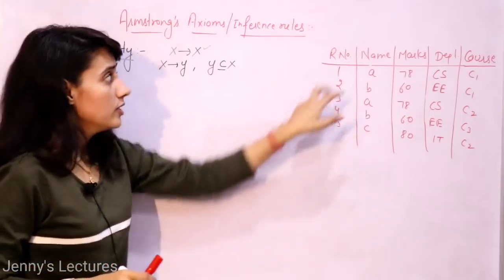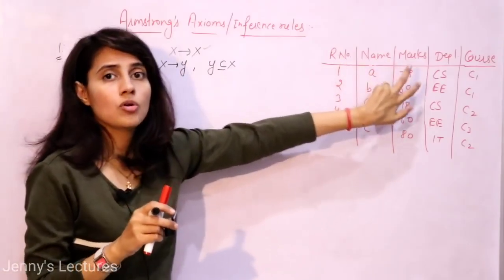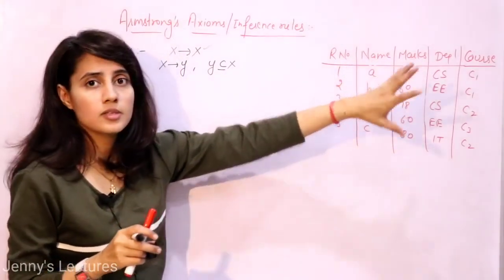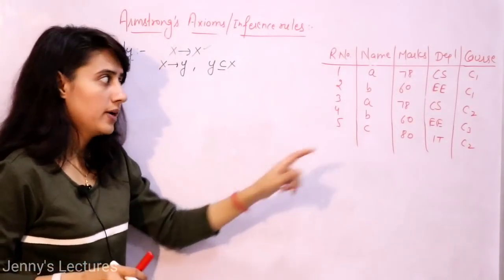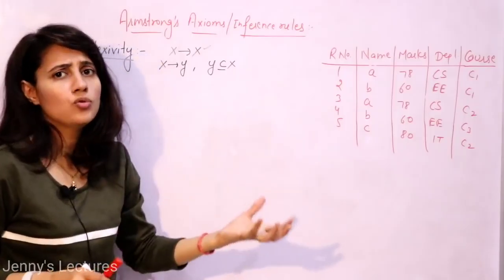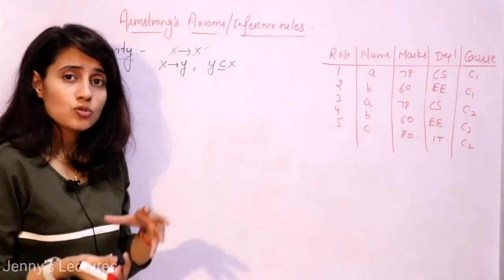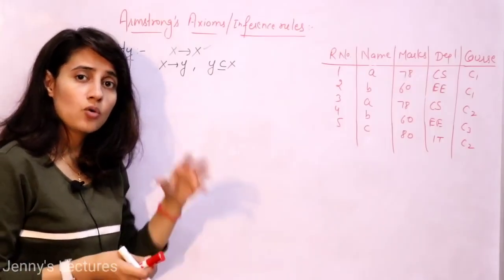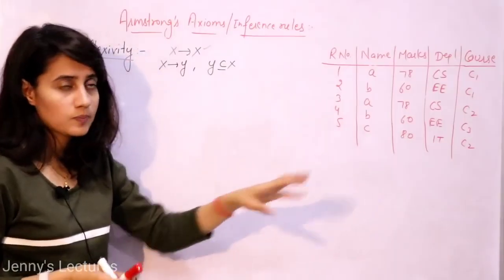Or you can say roll number, name determines roll number, name determines name. That would definitely be part of the functional dependencies on this table, but obviously there is no need to write down these kinds of functional dependencies, right? These are trivial. So we know that these always hold on this relation, right?